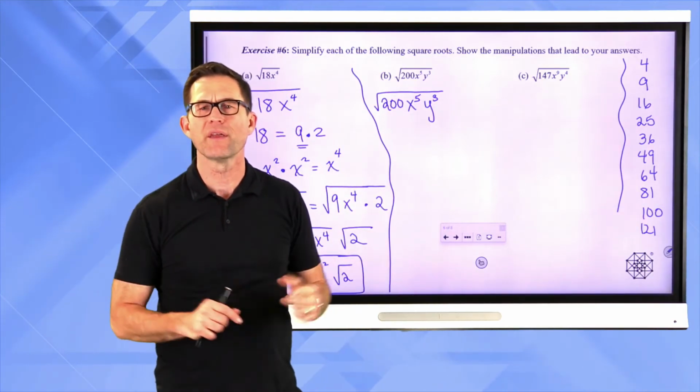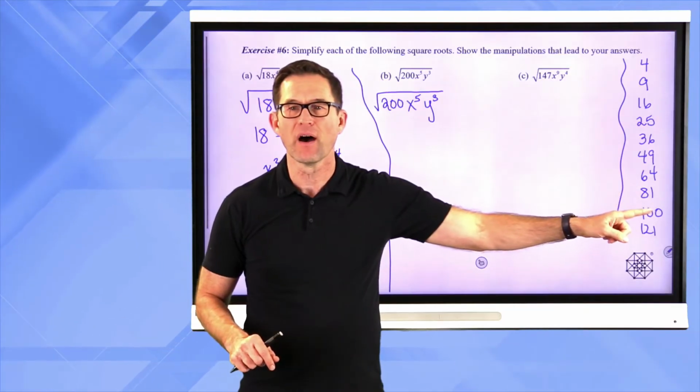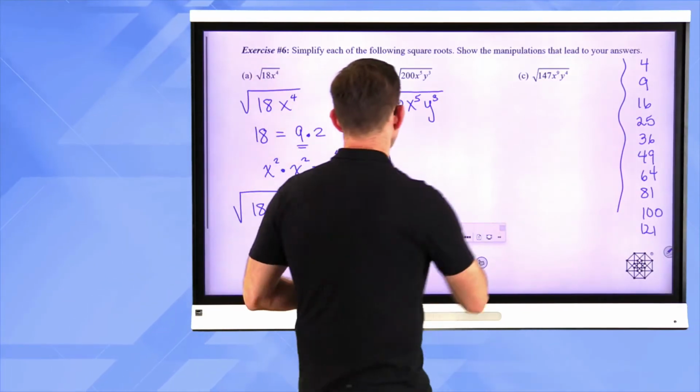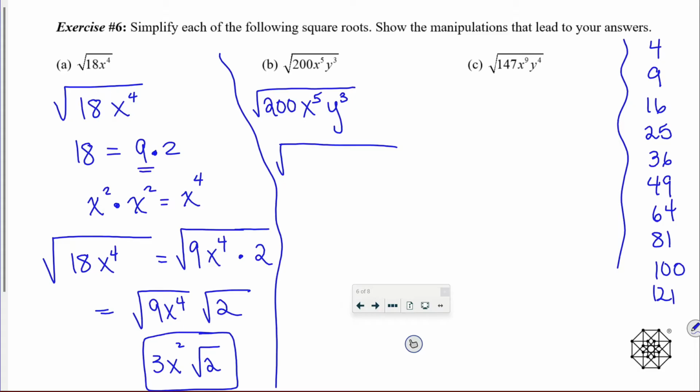I want the biggest one that divides into 200. Should be pretty obvious. It's 100. Okay. So I'm going to break this into 100.